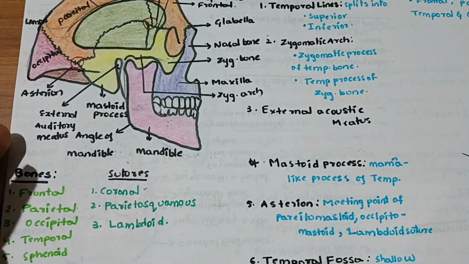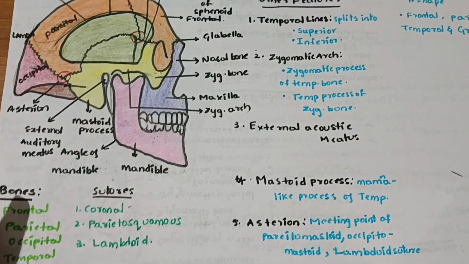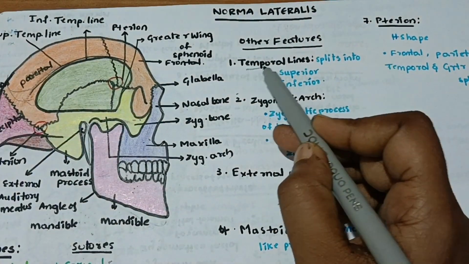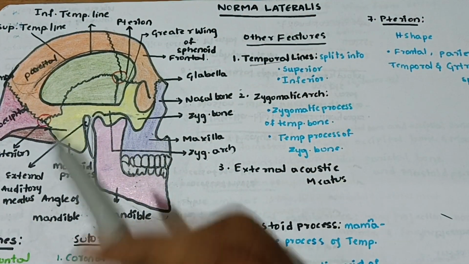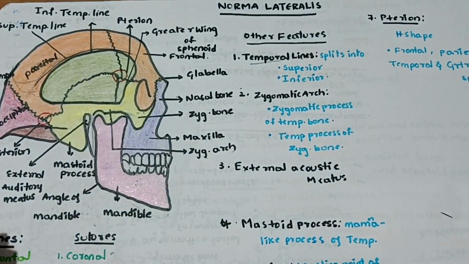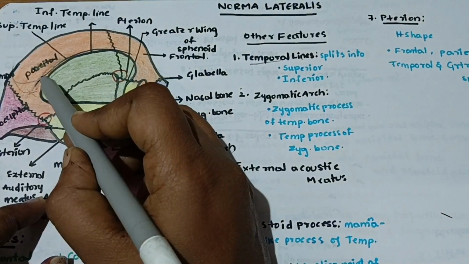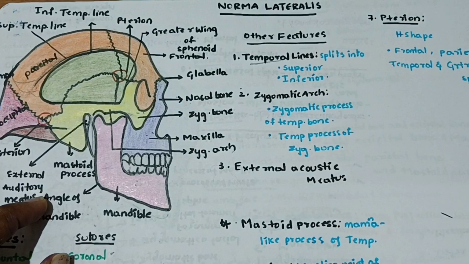There are some other important features that can be appreciated in the lateral view. What are they? The temporal lines. These are the lines that are present on the temporal bone. See, these are the temporal lines. One temporal line splits into superior and inferior temporal line. This is the superior temporal line and this is the inferior temporal line.